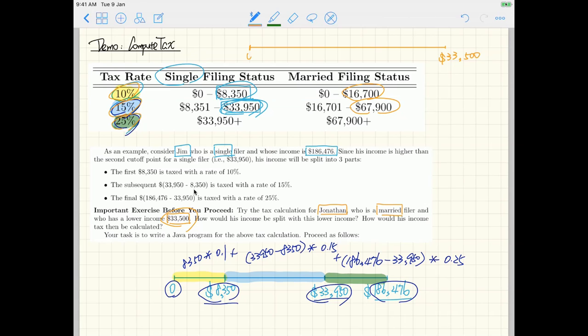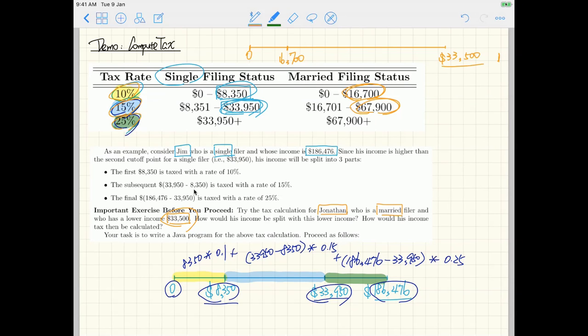So this is 0. The first cutoff point is strictly smaller than Jonathan's income. So that should be somewhere here. Let me just put 16,700. And what about the second cutoff point? You can see the second cutoff point is actually beyond Jonathan's income, which means for that part, we don't have to charge him for the tax. So in this case, we only split Jonathan's income into two parts.